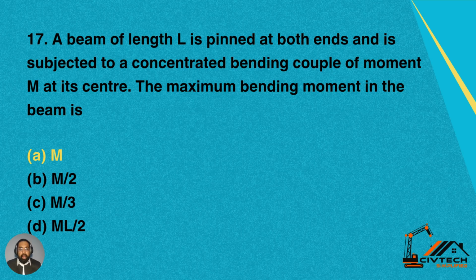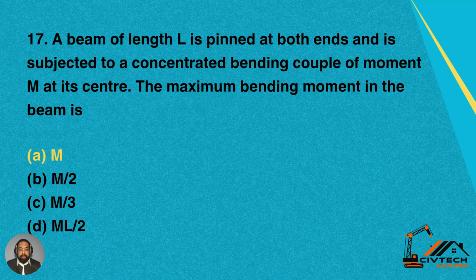Question 17. A beam of length L is pinned at both ends and is subjected to a concentrated bending couple of moment M at its center. The maximum bending moment in the beam is option A, M, option B, M by 2, option C, M by 3, option D, ML by 2.